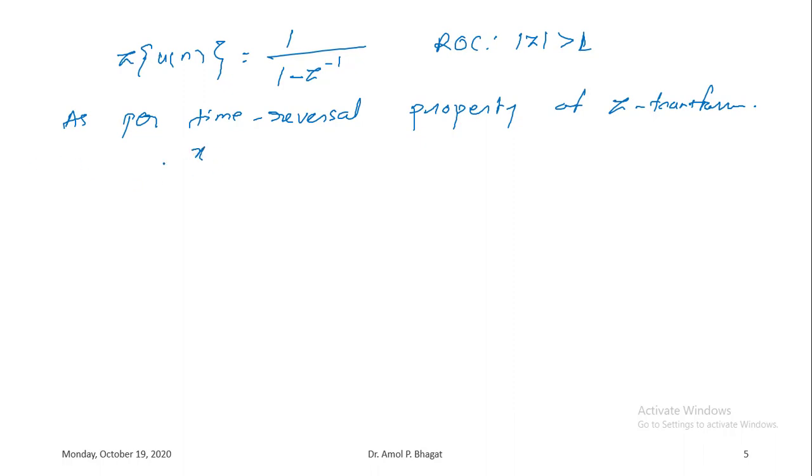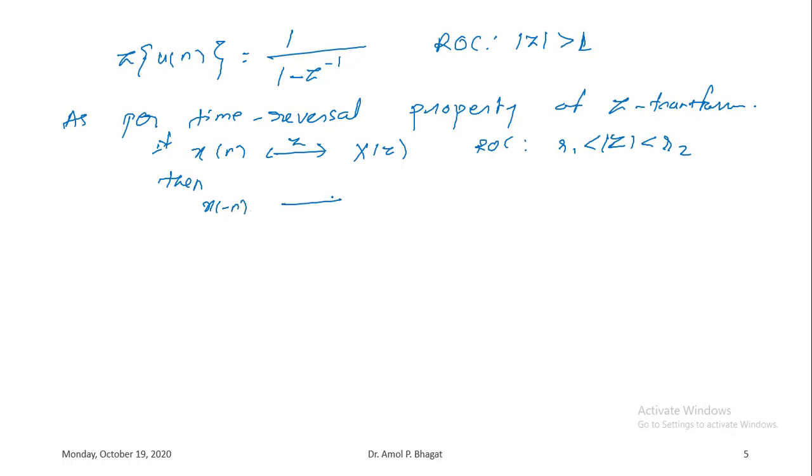If x of n has z transform x of z with ROC R1 less than mod z less than R2, then x of minus n has the z transform x of z inverse, and the ROC is 1 upon R2 less than mod z less than 1 upon R1.